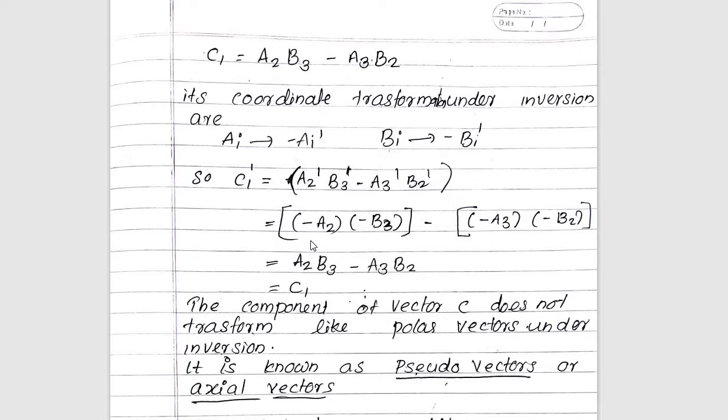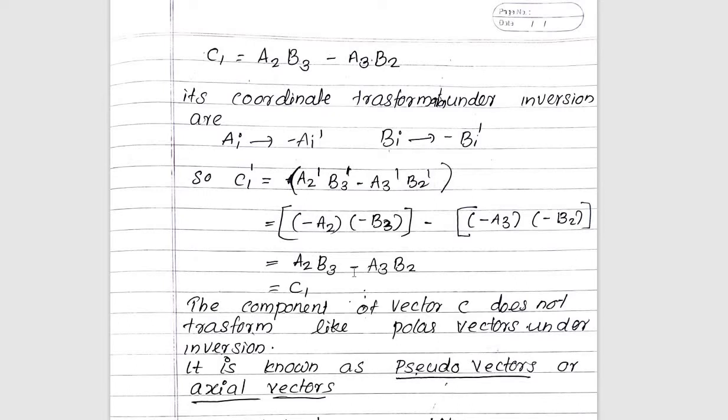A2 dash is nothing but minus A2, and B3 dash is nothing but minus B3. So we can write minus A2 times minus B3, minus, in brackets, minus A3 times minus B2, because these are components of polar vectors and they transform like this. So minus and minus become plus.